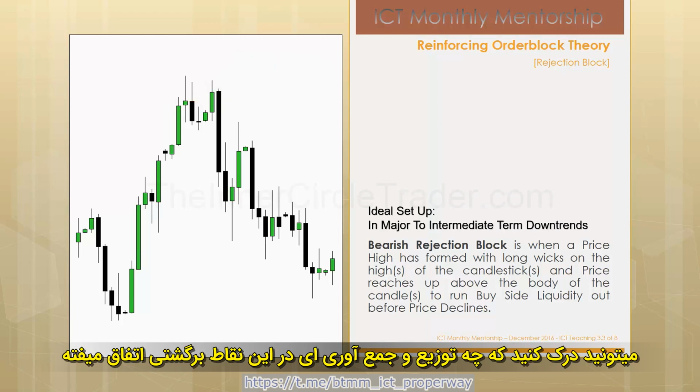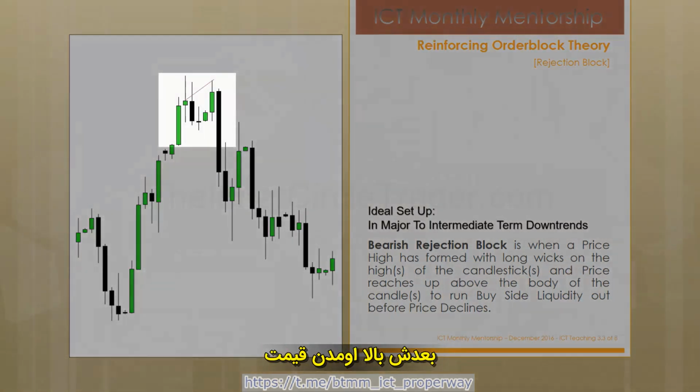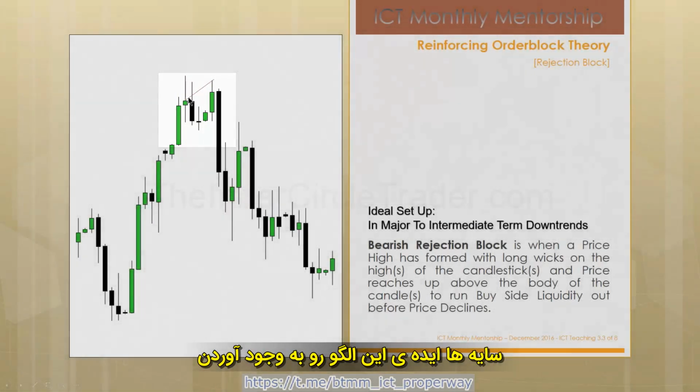As you can see, the real pattern here is from this previous highest bodied candle, then the subsequent later drive higher. This candle here, prior to this candle moving up, was the highest bodied candle. We're not paying so much attention to the wick. The wicks highlight the idea of this pattern forming.